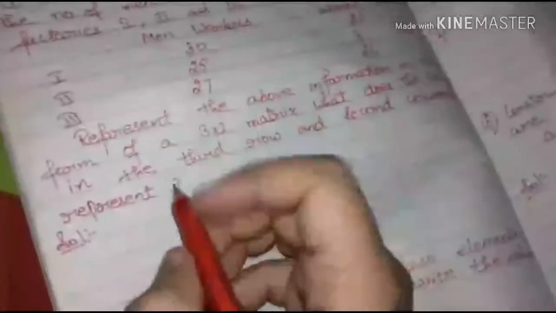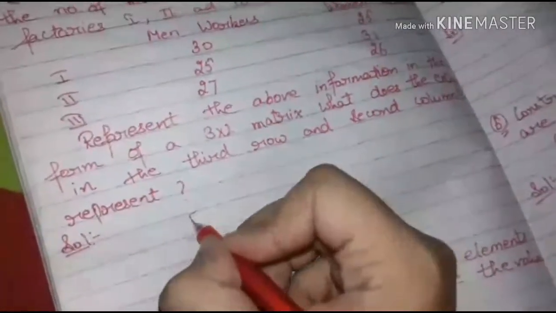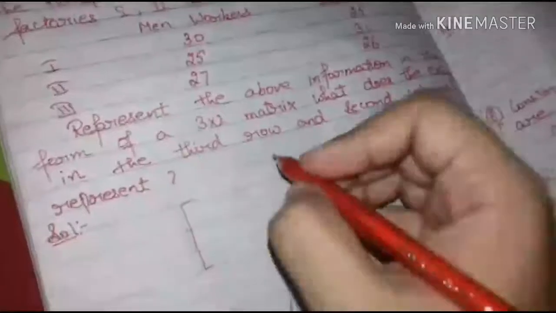Firstly, we know that a matrix is always represented in this form.